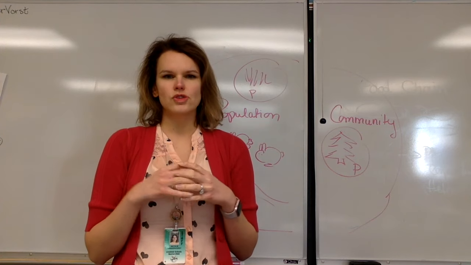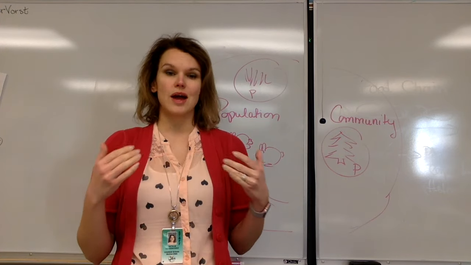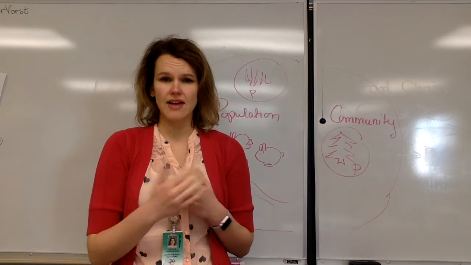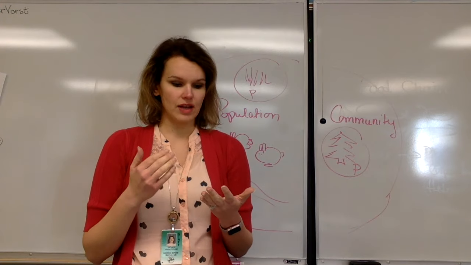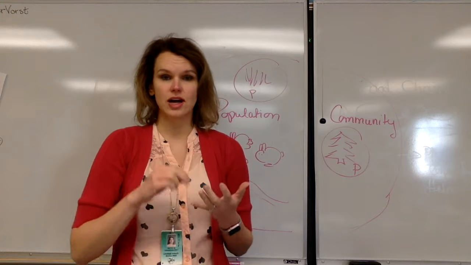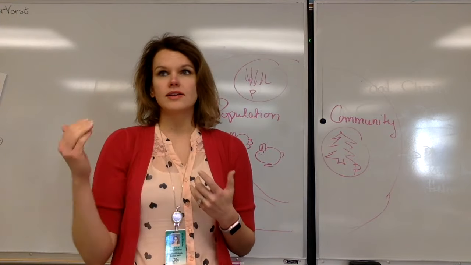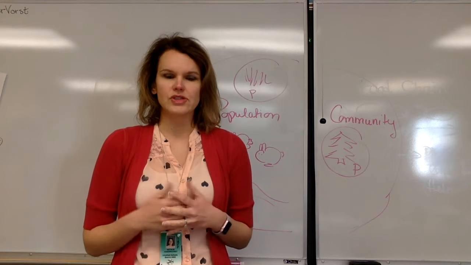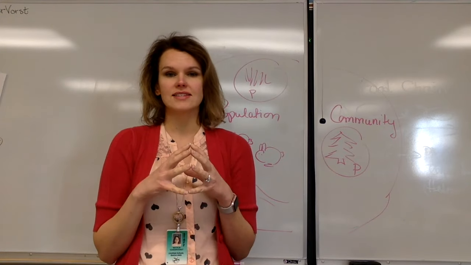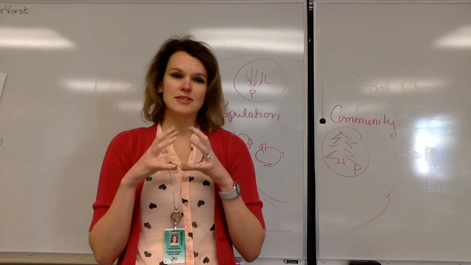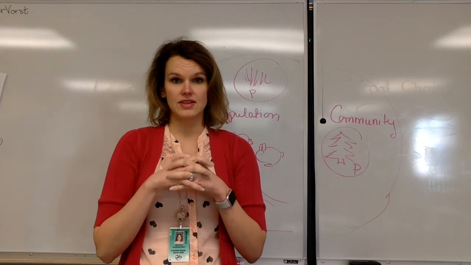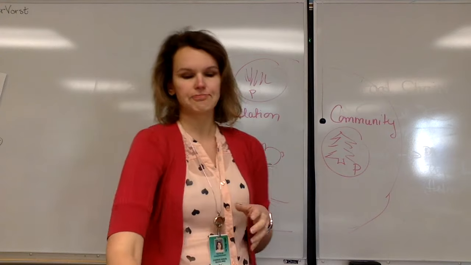A niche is also the other things. What else does the rabbit do? Like you and I, for instance, I have a really big, diverse niche. I'm a teacher, yes, but I'm a wife, a mother, an aunt, a daughter, all things inside that. That is my niche. It is my role in the environment that I live in, or in my ecosystem.